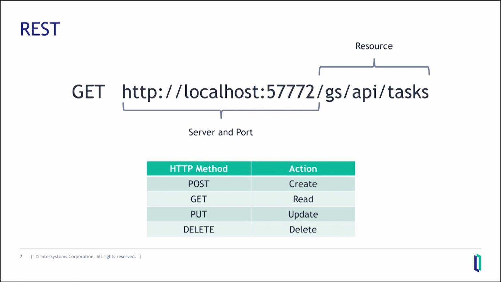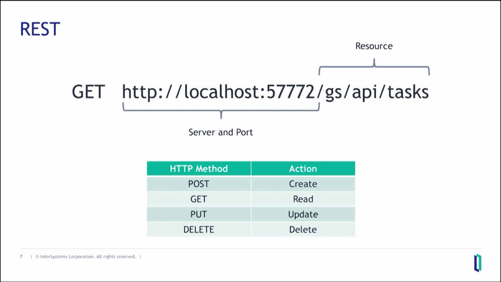I said REST is a lot of things, but one of the fundamental principles it tries to impart upon you is that when you're designing your web service, you should expect requests to come in with a format that clearly indicates what we expect to have happen on the server. So things like this, where you have a verb, in a sense, on the left-hand side and a noun on the right-hand side.